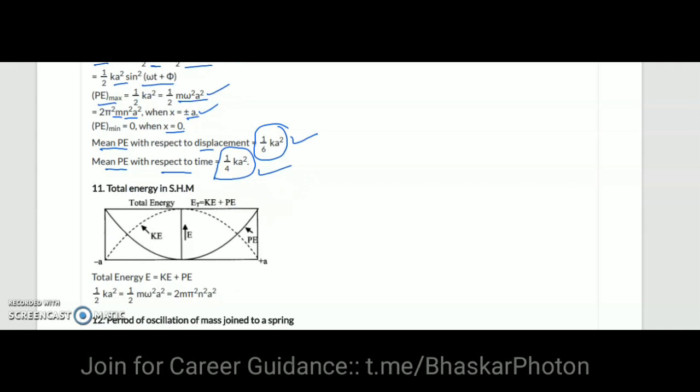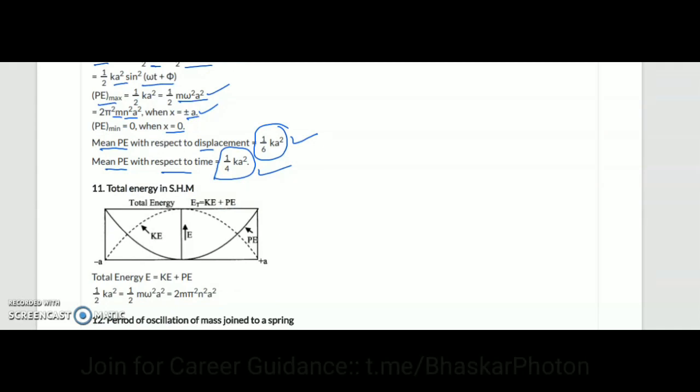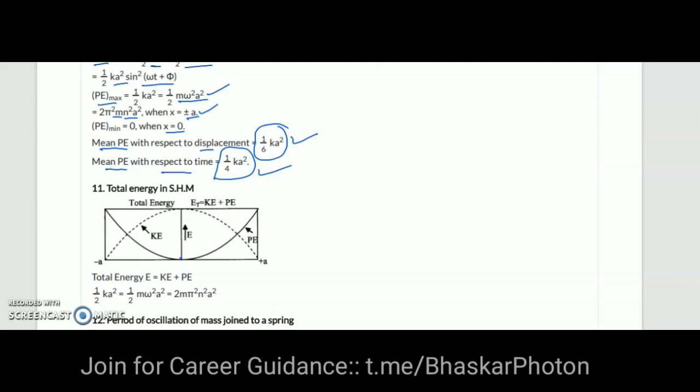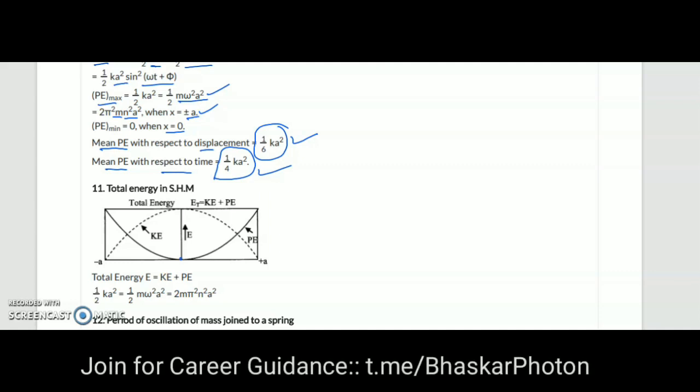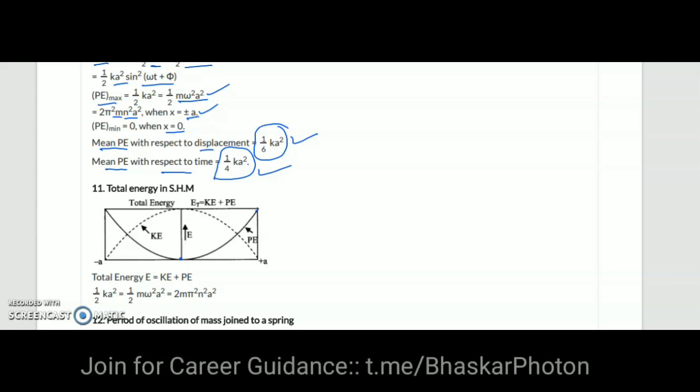Similarly, there is the total energy in simple harmonic motion. At the center position, if you look at the kinetic energy and the potential energy, the potential energy is 0 at the center and it becomes maximum at the end points, whereas the kinetic energy is maximum at the center and it becomes minimum, 0, at the extreme positions.